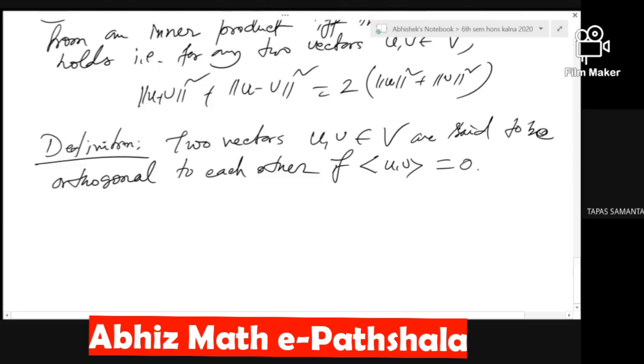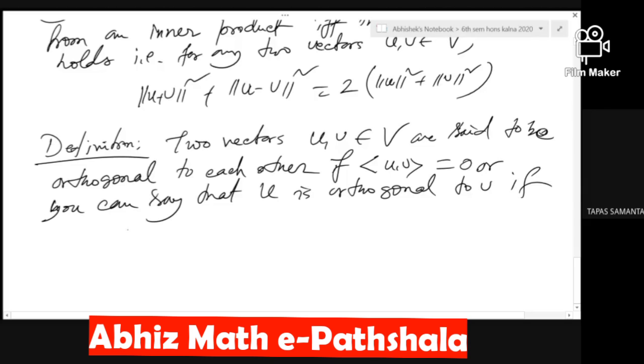Or you can say that u is orthogonal to v if u comma v is 0.